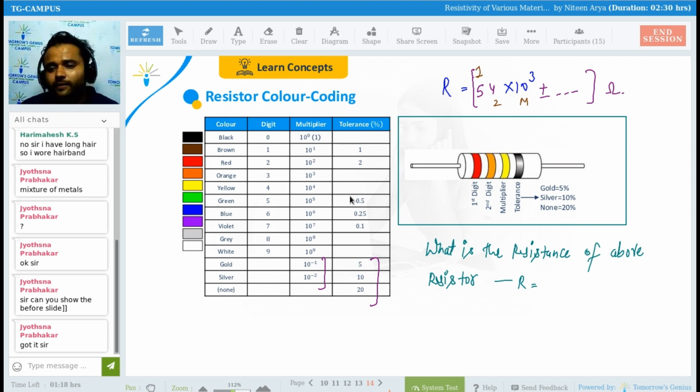This is resistor color coding, and you need to tell me how much resistance the above resistor has. Tell me, this is very easy, and you need to face questions like this.